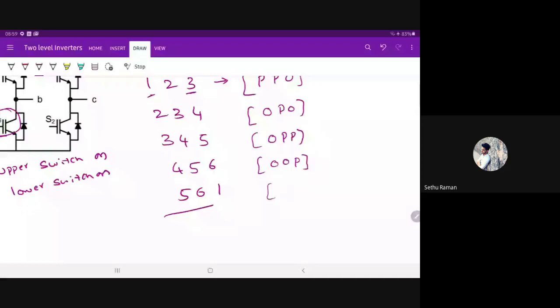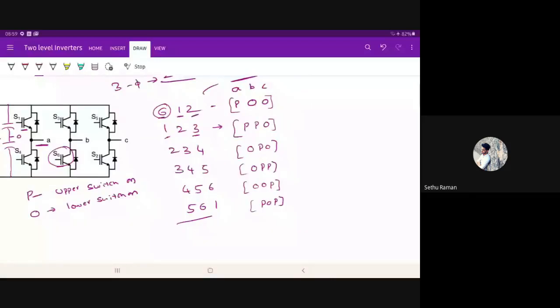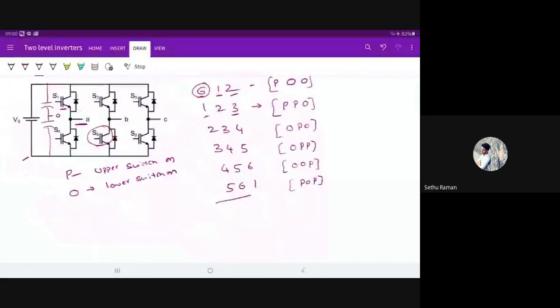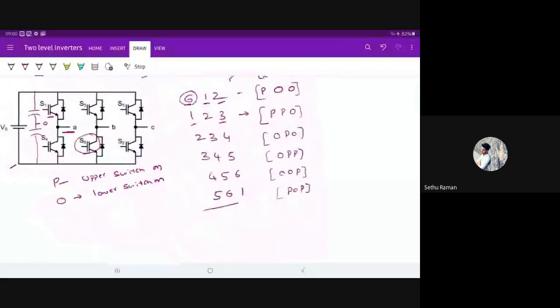So we have the switching states right now, and we have converted them into a corresponding matrix form. That is on and off. When the upper switch is on, we assume that state is P, and when the lower switch is on, we assume that state is 0. Clear?